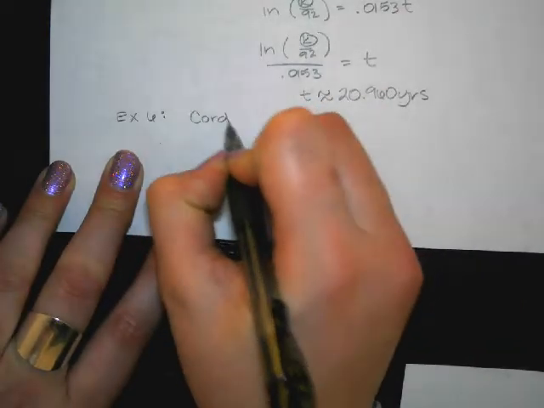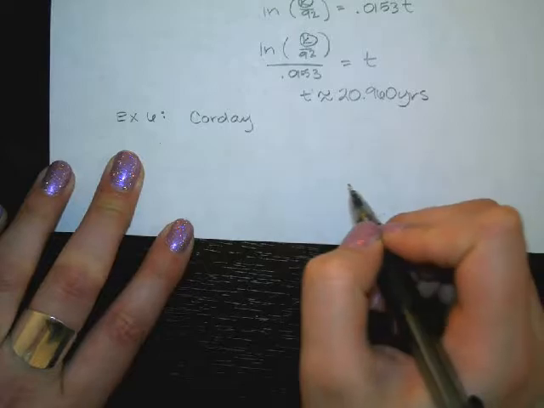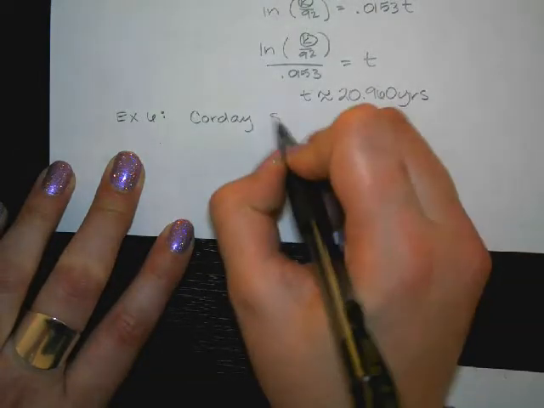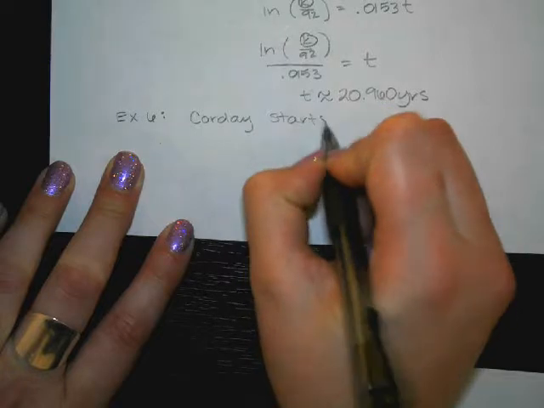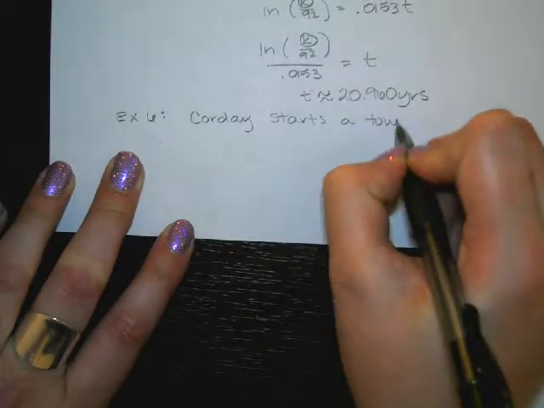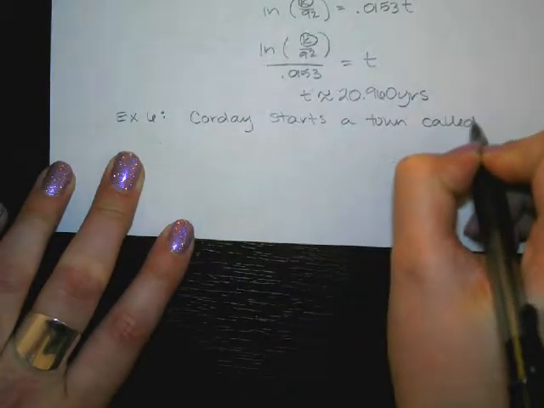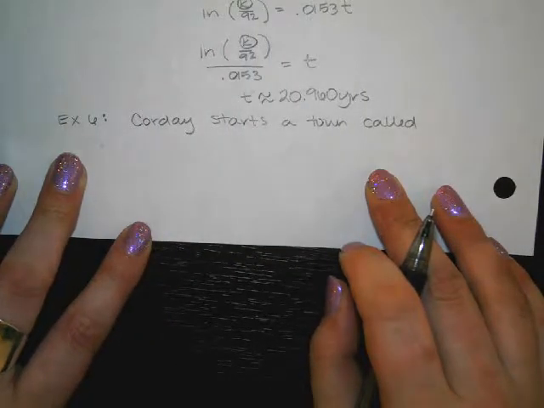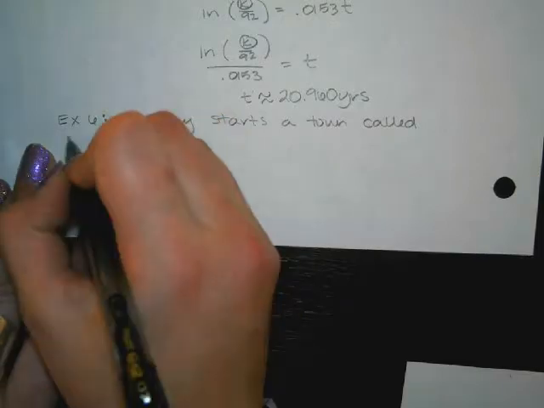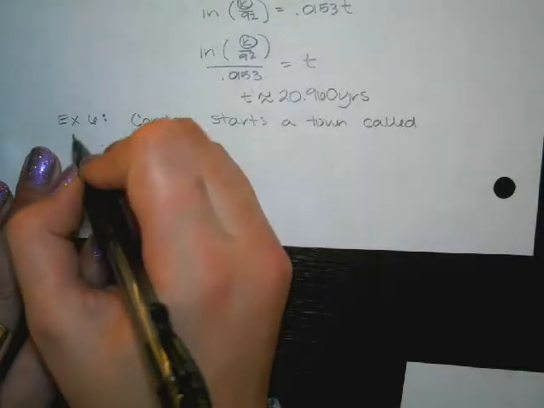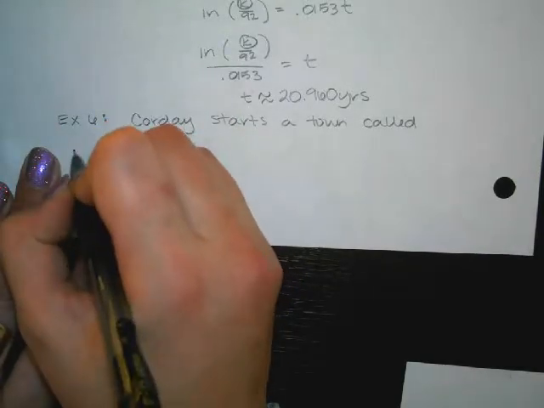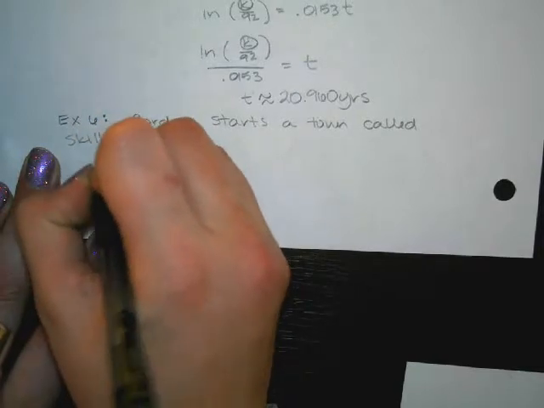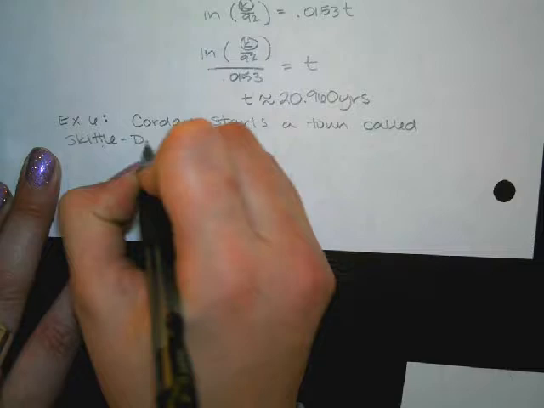Corday starts a town. It should be the sugary V8 drinks you drink. Skittles. Something to do with Skittles. Called... You won't name it. That's called Skittle-dee-doo.